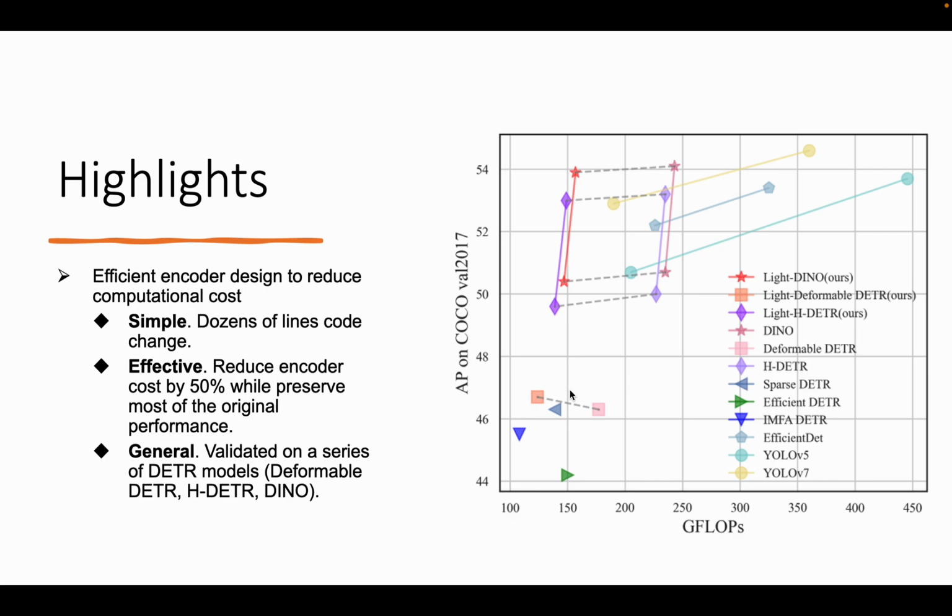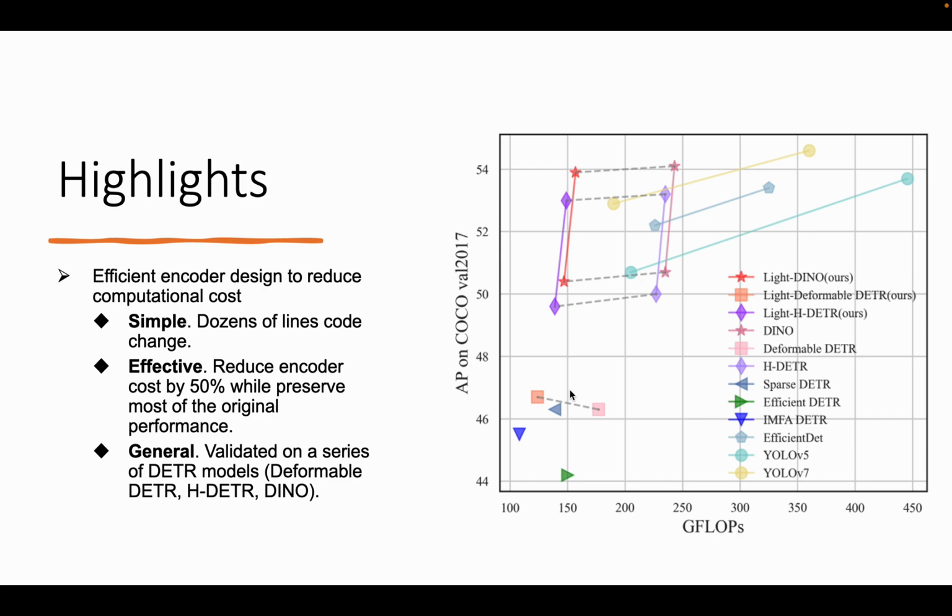First, this paper is about the efficient design of DETR-like models, and its main advantages are: first, it is very simple. It only needs dozens of lines of code change, so it's very easy to implement for any DETR-like model.